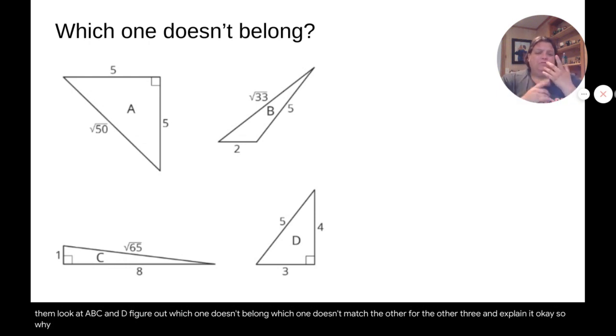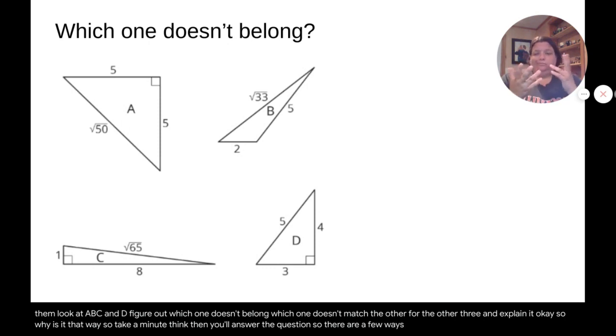Okay, so why is it that way? So take a minute, think, and then you'll answer the question. So there are a few ways to answer this, actually.